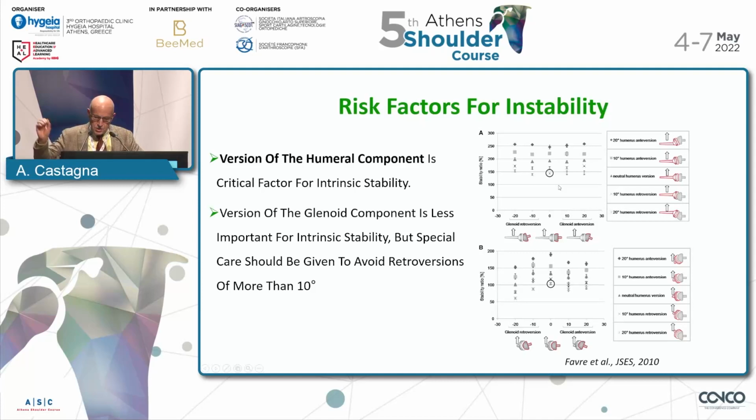You see here in the graph the stability ratio, and when you have 20 degrees of humeral anteversion, you may decrease or increase instability according to the interface between the glenoid implant and the humeral side. So an interaction of the two sides of the moon is important to improve your stability and range of motion.